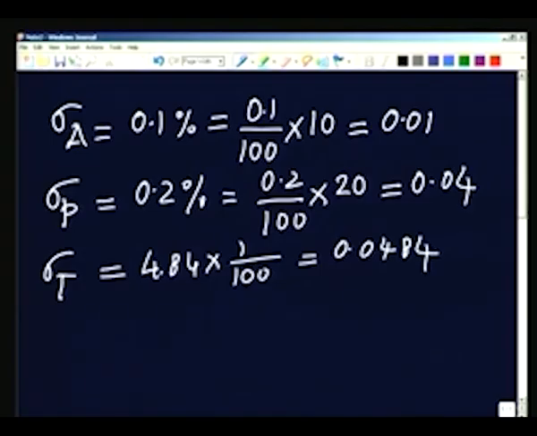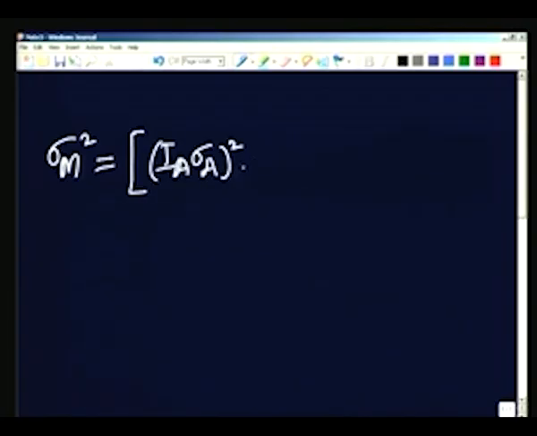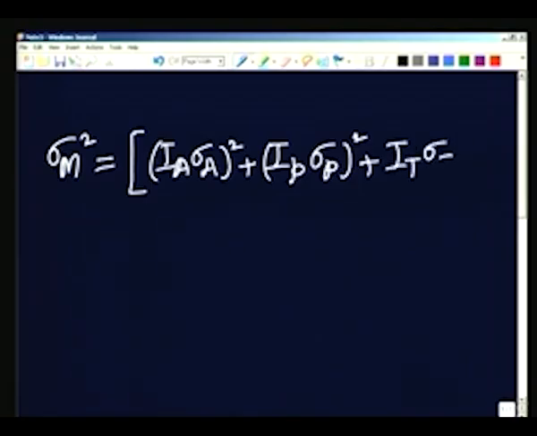So once we have obtained all the sigmas, and if we go to the previous, we have obtained the influence coefficients, we can obtain, using the error propagation formula, sigma m squared will be the sum of three quantities: IA times sigma A whole squared plus IP sigma P whole squared plus IT sigma T whole squared.